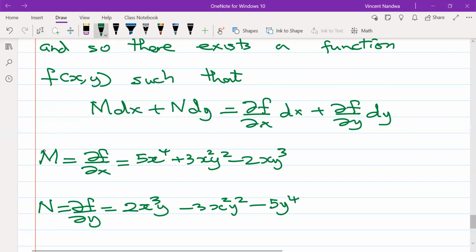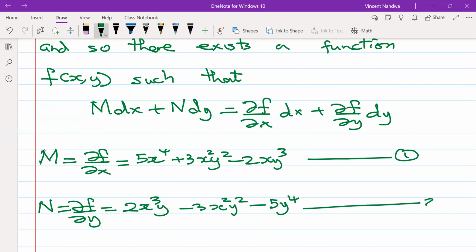So let's call this equation 1. Let's call this equation 2.